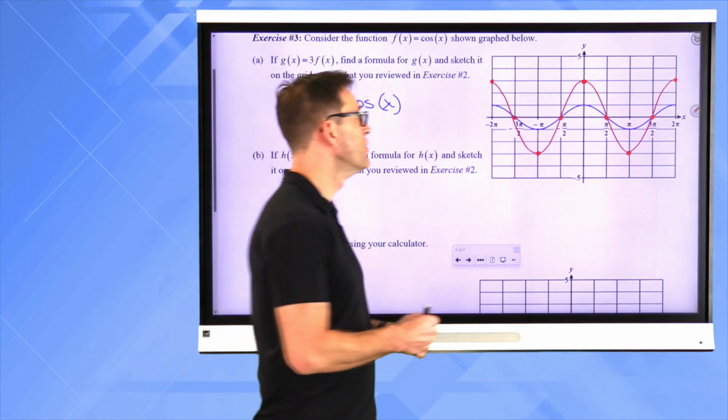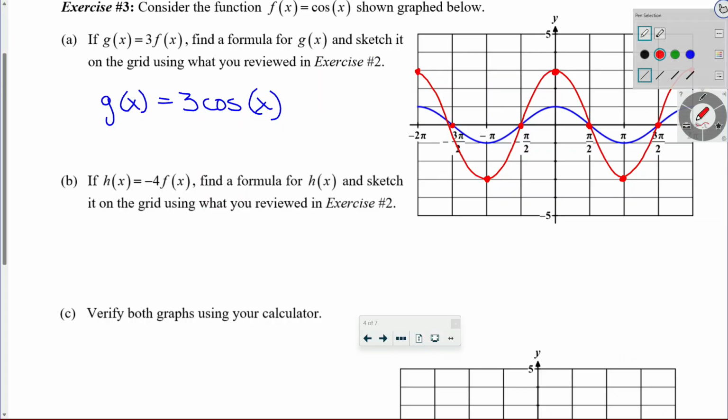All right, let's do it. So here we go. Let me go into black. All right, so here we have a y value of 1. Now I'll have a y value of -4. That y value of 0 is going to stay fixed. Here the y value of -1 is going to become a y value of 4. That y value of 0 will be fixed. Here a y value of 1 will become a y value of -4. Y value of 0 stays fixed, right? 0 times negative 4 is still 0.